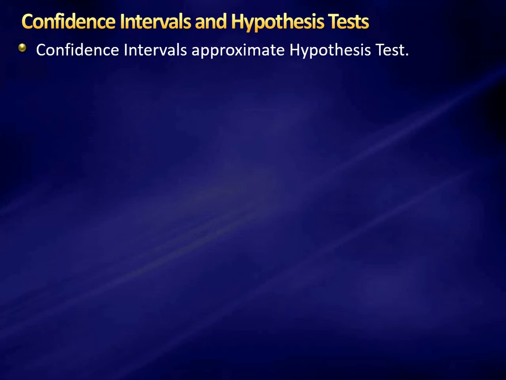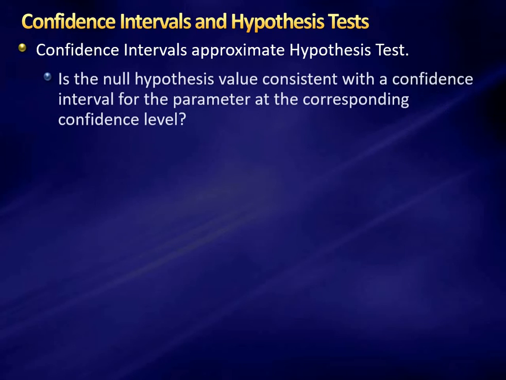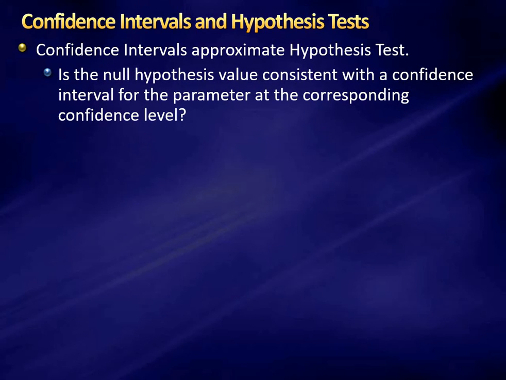So a confidence interval should approximate a hypothesis test. Basically, you are going to construct your confidence interval. If it was a hypothesis test, you would take that null hypothesis and ask, does it fit in my interval? We did those when we were doing confidence intervals. We just didn't call it that. We didn't call it a hypothesis yet.